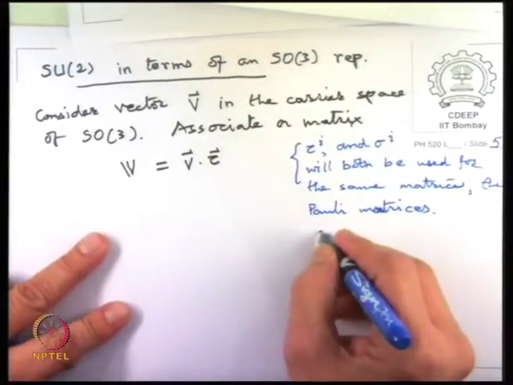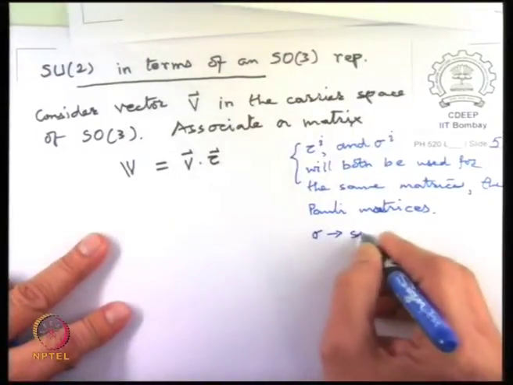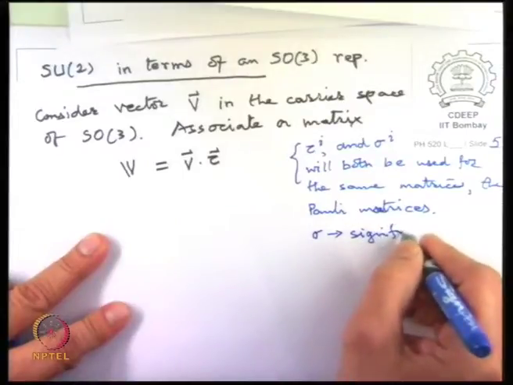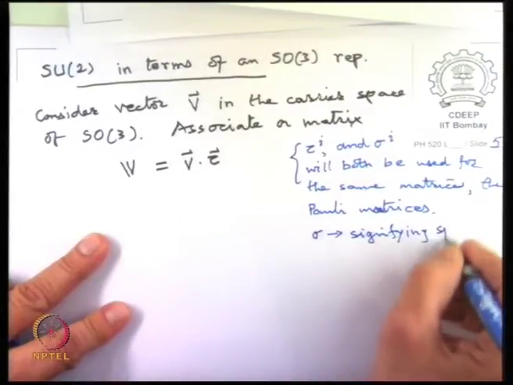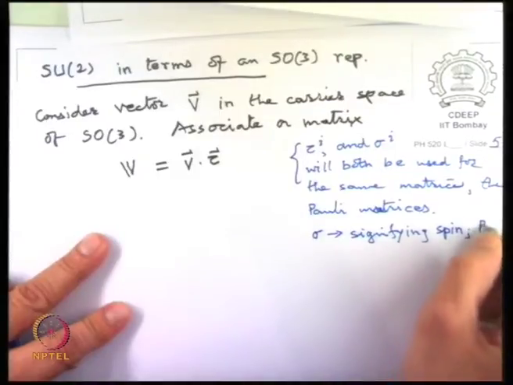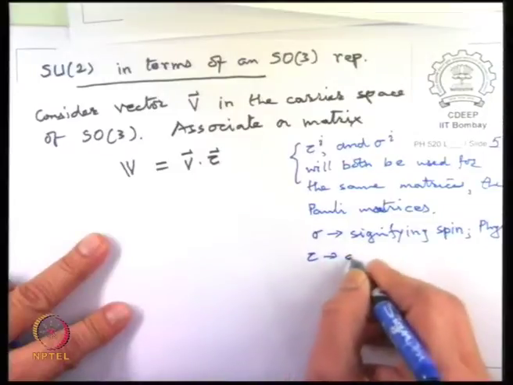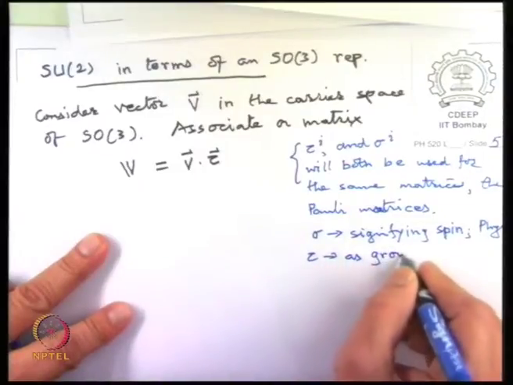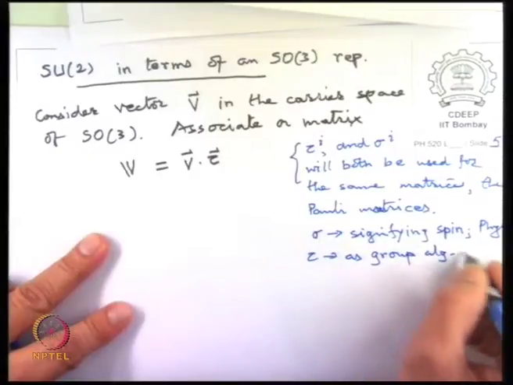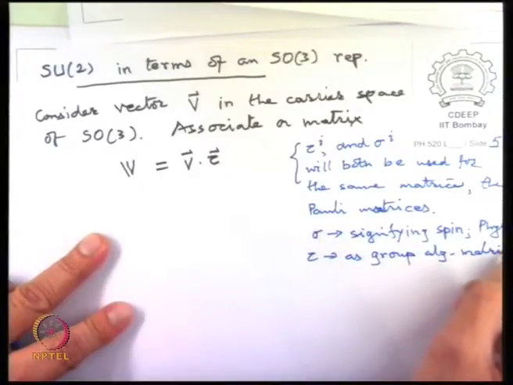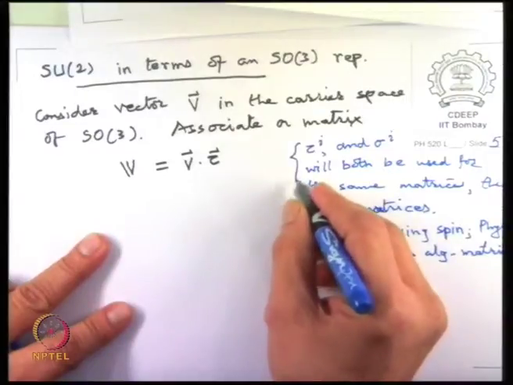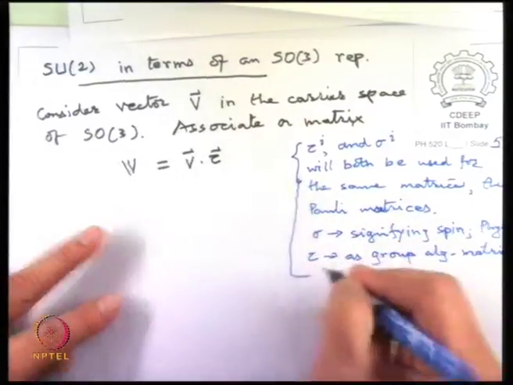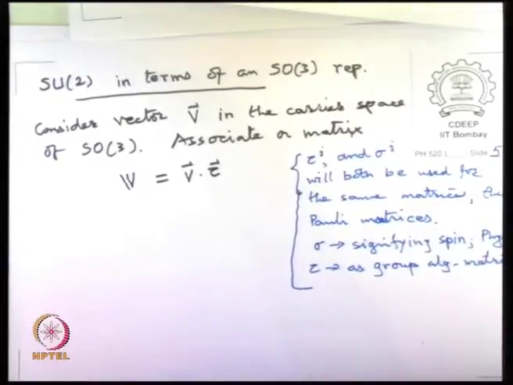Sigma, if it has to signify spin, spin in physics, tau in group theory. At least that is the convention in my mind, and you will find that that is roughly true in many books. So they are the same matrices, just that we call them tau 1, tau 2, tau 3.